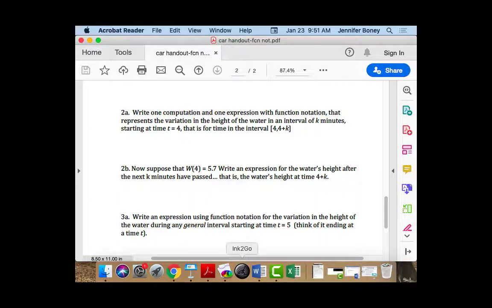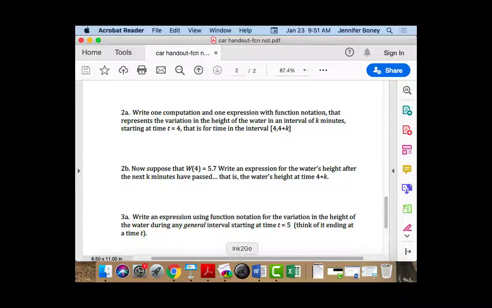So if I wanted to write an expression using function notation for how much the height had changed, instead of just this mdx, we can write the y final minus y initial, just like before, only instead of w of 6 and w of 2 or whatever it was, we have w of the final time, 4 plus k, minus w of the initial time, 4.